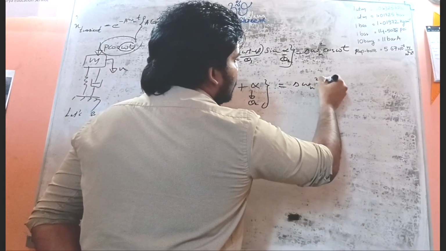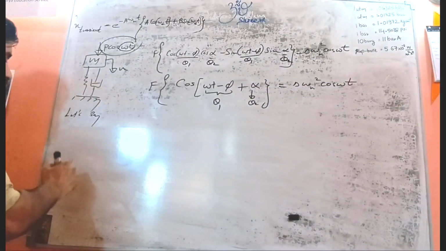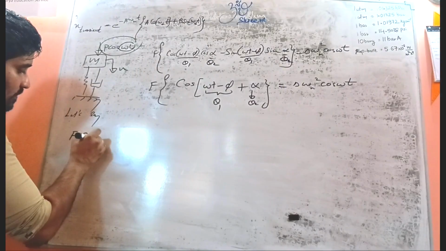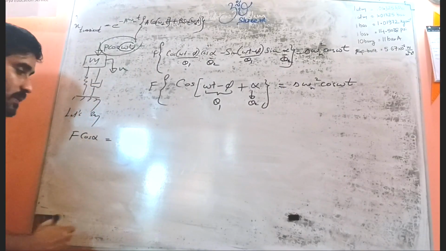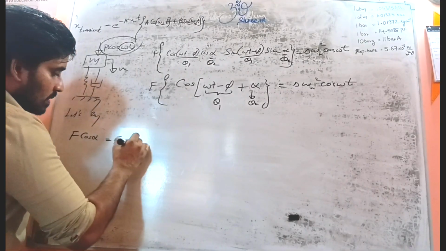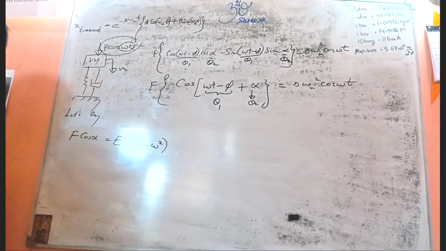Delta omega n squared cos omega t. We considered previously f cos alpha as E times omega n squared minus omega squared. You can remember that, right?